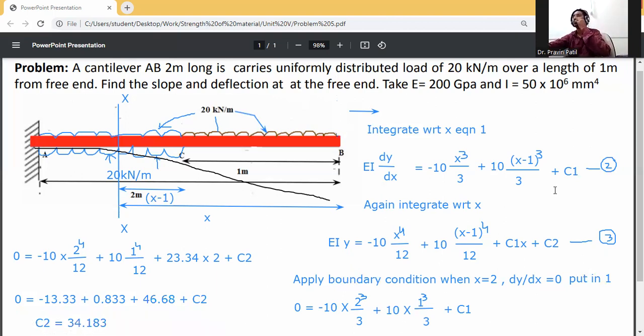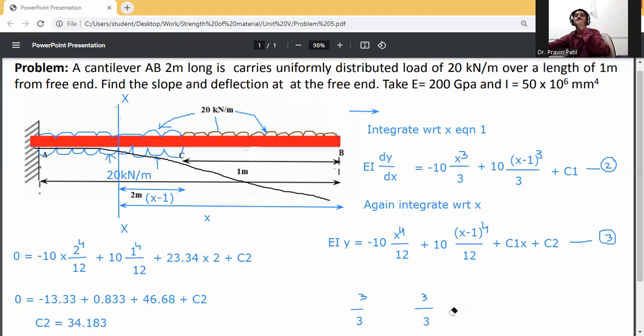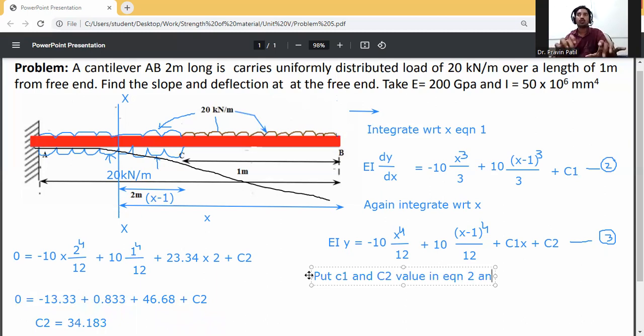Now put the C1 and C2 values in equations 2 and 3. First of all, put in equation 2.